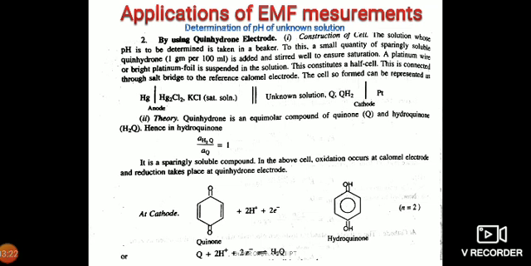The single electrode potential of this half cell is given by E red is equal to E0 red minus 2.303 RT by 2F into log of activity of H2Q by activity of Q into activity of H+ squared. E red is equal to E0 red minus 2.303 RT by 2F into log of activity of H2Q by activity of Q, minus 2.303 RT by 2F into log of 1 over activity of H+ squared.